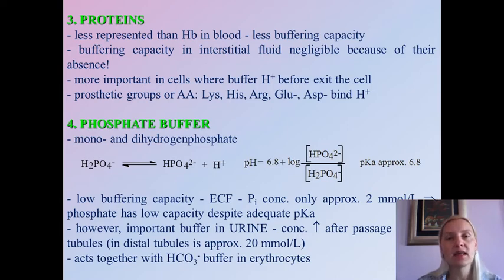And it is very important because at the level of distal tubules, as you will see later on, bicarbonate ions are fully or almost fully reabsorbed. So at this level, phosphate buffer overtakes the buffering role of bicarbonate buffer.